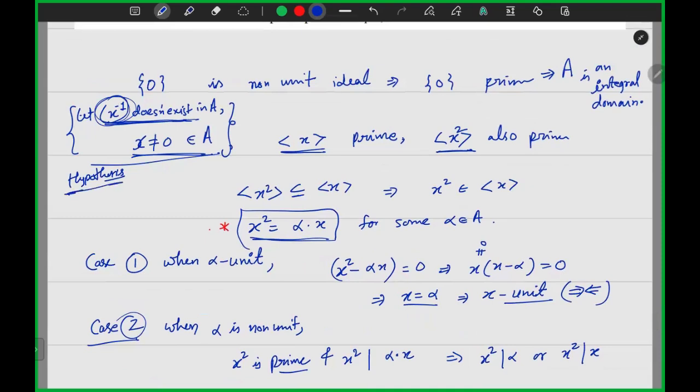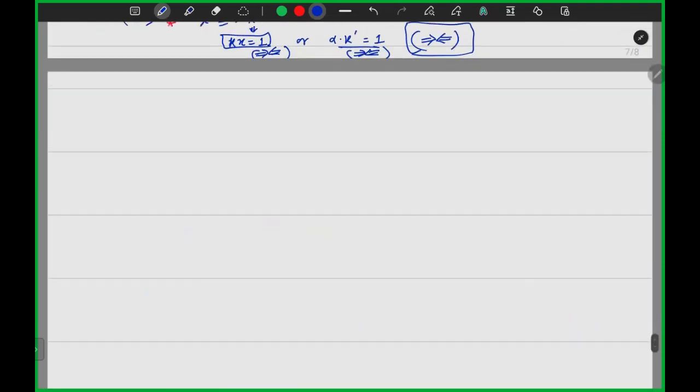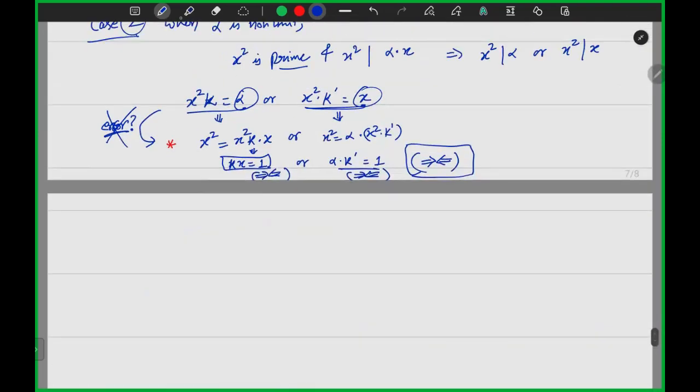So this hypothesis is wrong, meaning for every non-zero element, x inverse exists. So for every non-zero x in A, x inverse exists. A is a field.